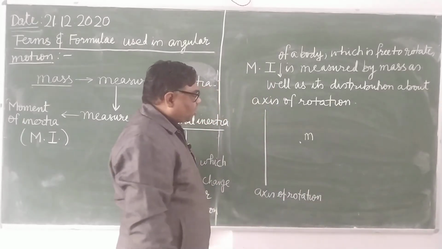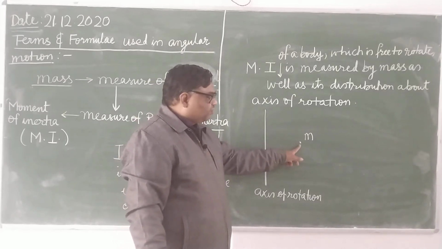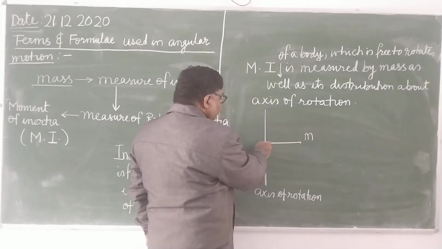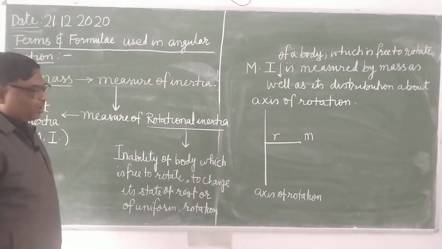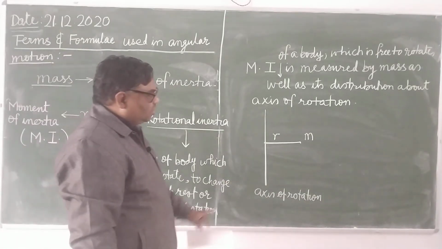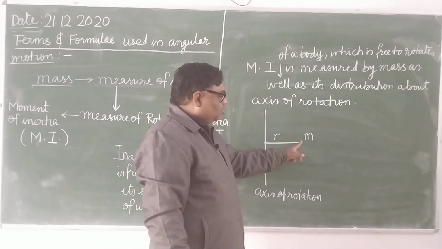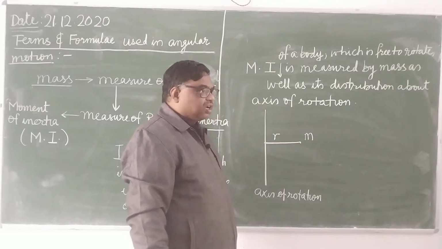So MI of this particle is defined as the mass of the particle multiplied by the square of its perpendicular distance from the axis of rotation. MI of this single particle is equal to the product of the mass of the particle and the square of the perpendicular distance from the axis of rotation.